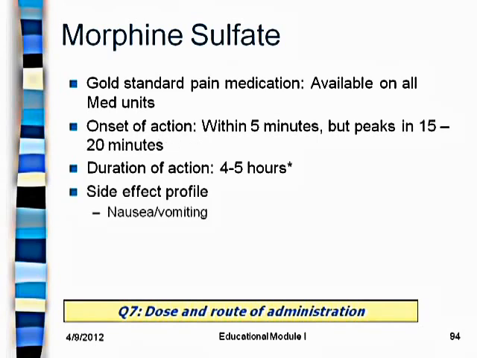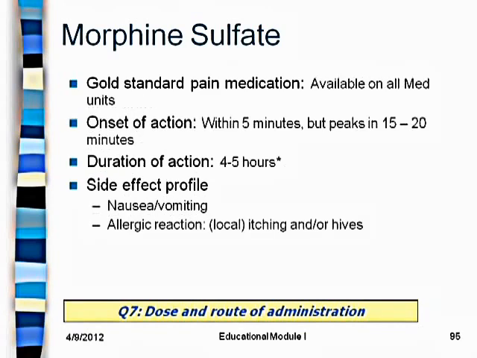There are occasional side effects encountered from morphine worth mentioning. Nausea and vomiting, while rare, do require quick reaction and supportive care from the emergency caregiver. Another infrequent side effect is an allergic reaction. It is characterized by local itching or hives.